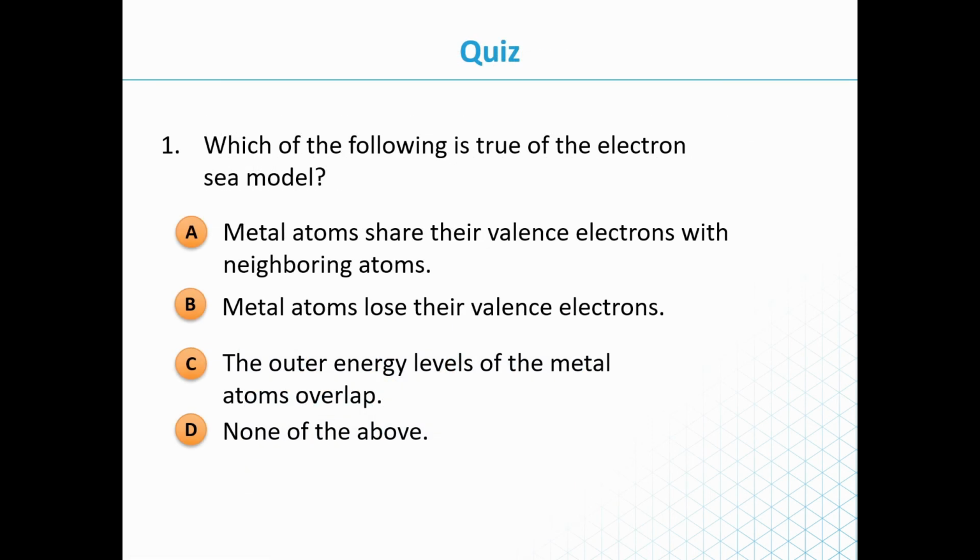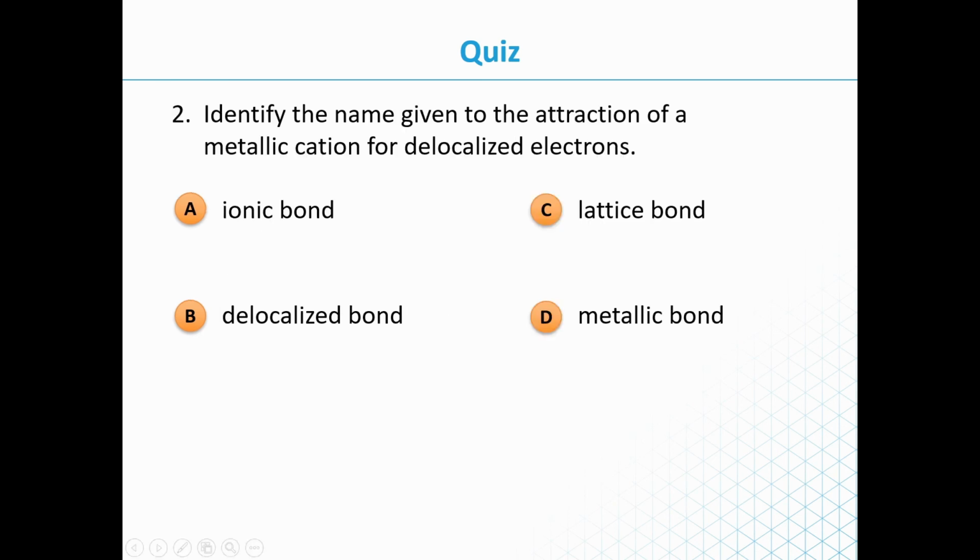Quiz number 1. Which of the following is true of the electron sea model? Identify the name given to the attraction of the metallic cation for delocalized electrons.